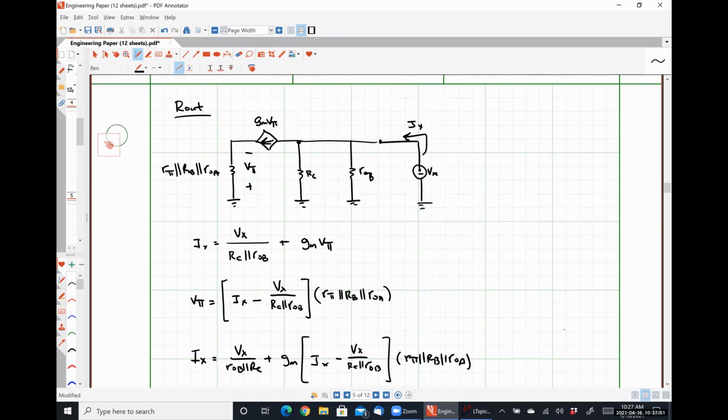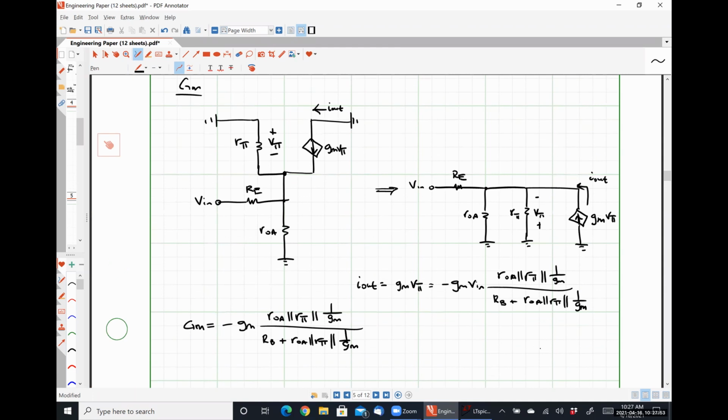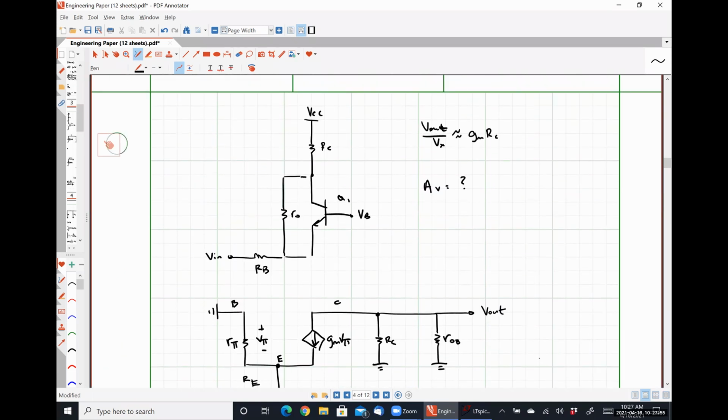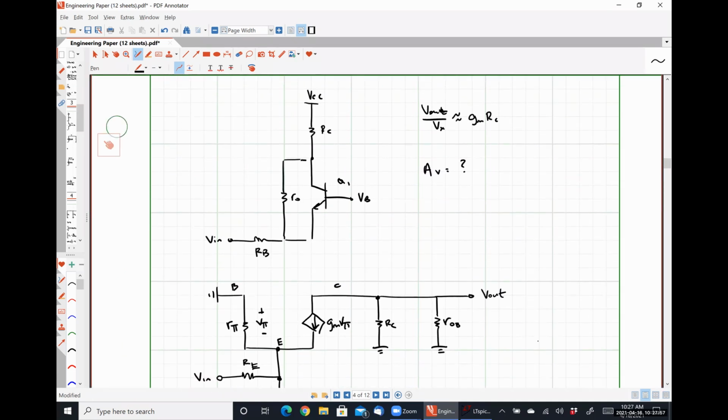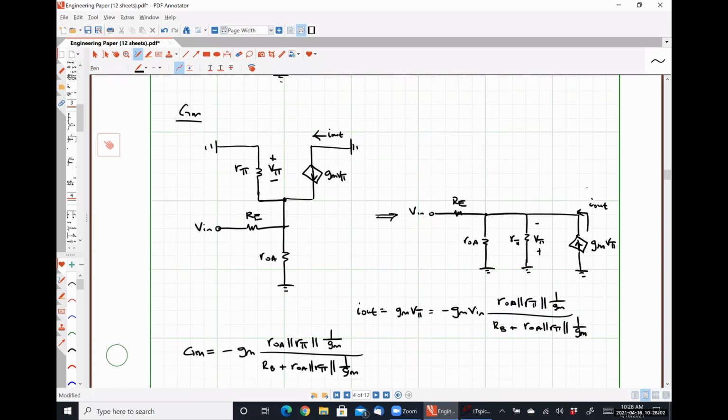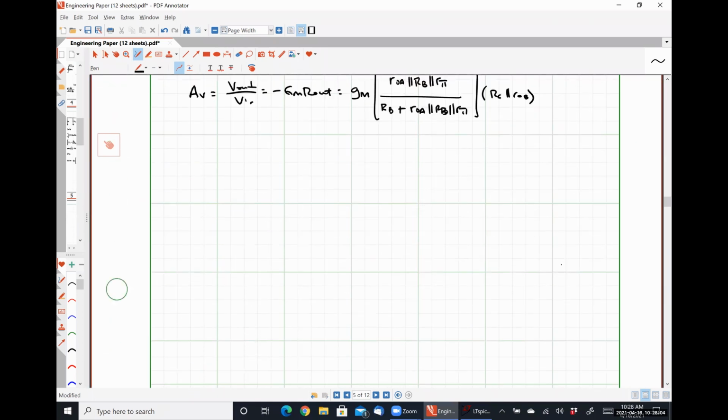And then because we know that, where was it, way up here, our K in this case is gm times positive gm times RC.